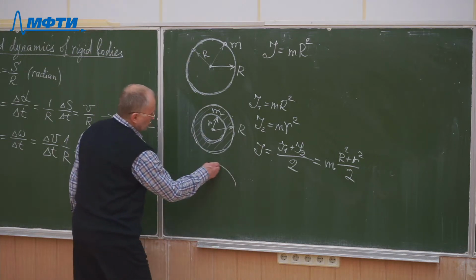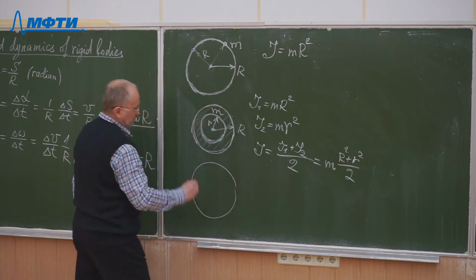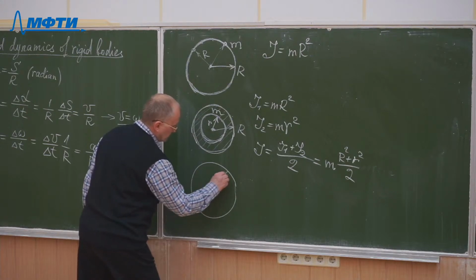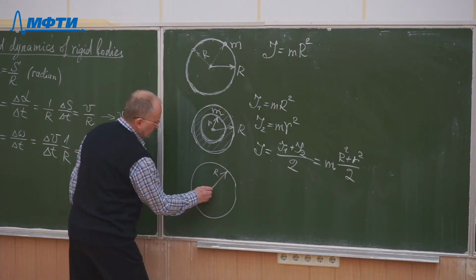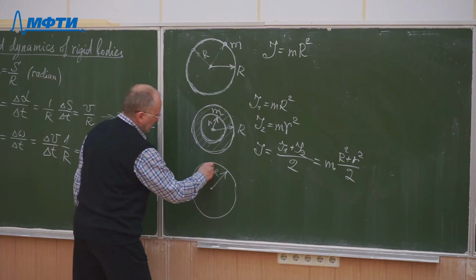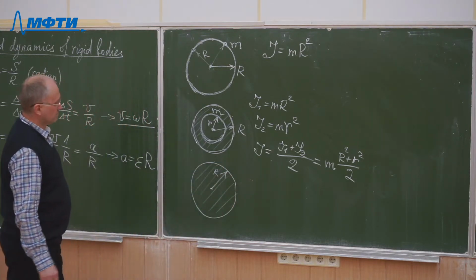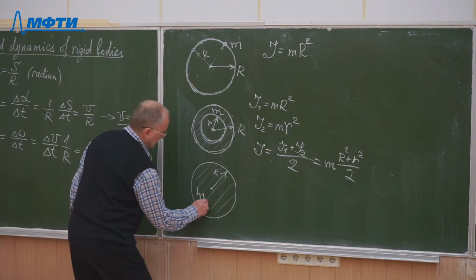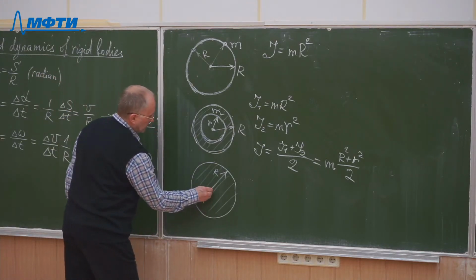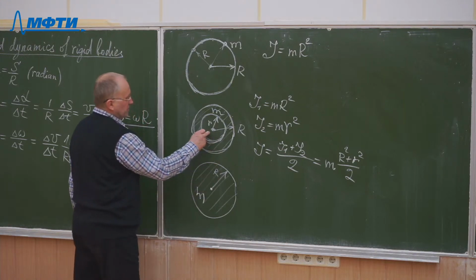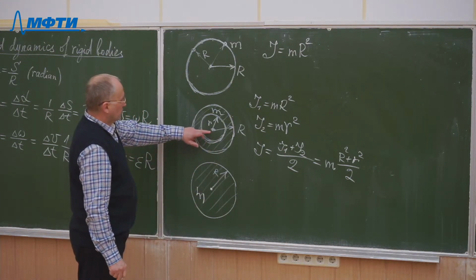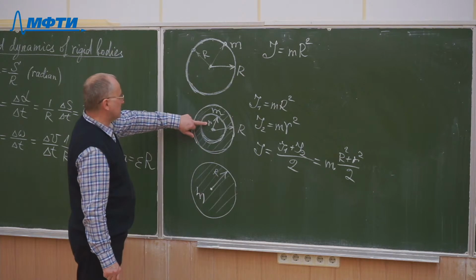Now imagine another body of radius R such that the mass m is distributed evenly over this cylinder. This body can be considered as the limiting case of the previous body with the small radius tending to 0.